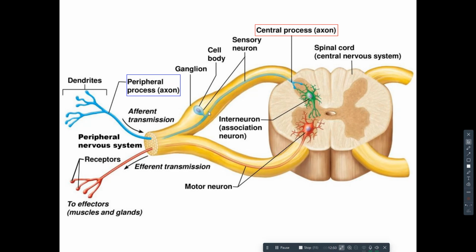Then it becomes the central process, which is then going into the spinal cord, branching and ending in its axon terminals, which are synapsing with this interneuron. So sensory neurons like this are unipolar neurons. By the way, notice there's a cell body right here. Of course, there would be many cell bodies clustered together here, not just one. And this spot where there are a bunch of cell bodies together, remember, that is called a ganglion. So a little review right there.